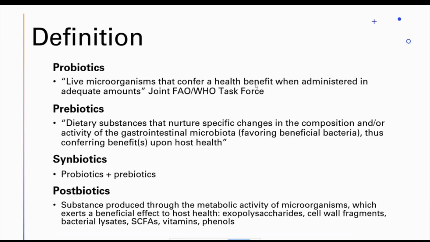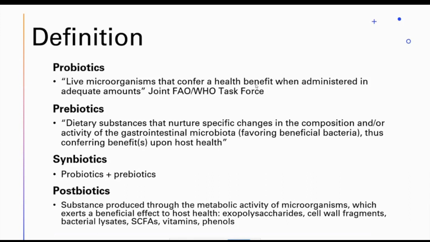As far as prebiotics, those are dietary substances that nurture specific changes in the composition or the activity of gastrointestinal microbiota, favoring beneficial bacteria and thus conferring a health benefit upon the host. For symbiotics, those are combination products that contain probiotics and prebiotics.